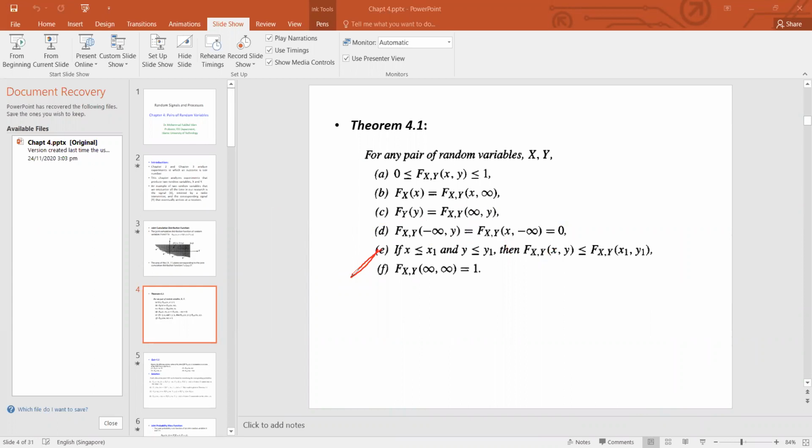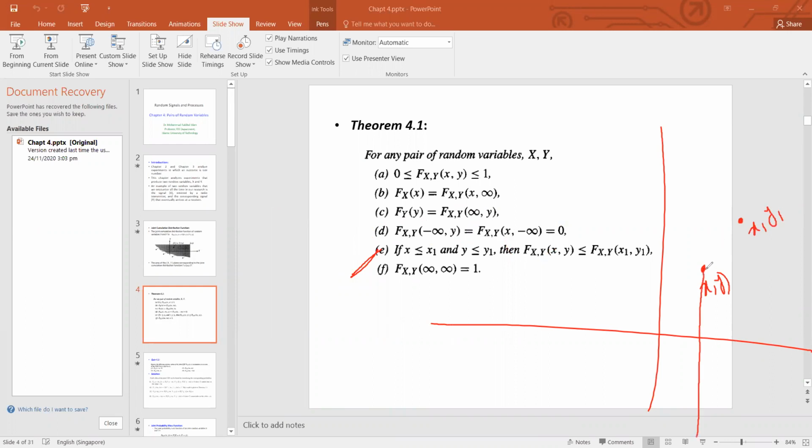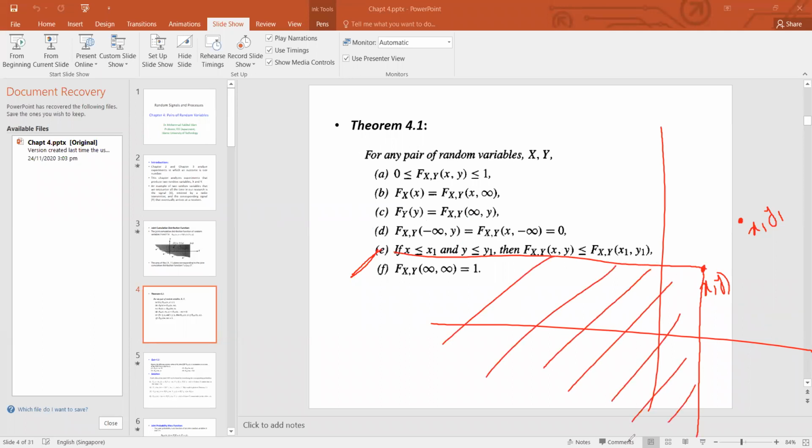What about the E case? Look at this. This one is something like x, y. I have another point which is at x1, y1. If I talk about x, y, then this is the area, or this is the CDF, F(x, y).